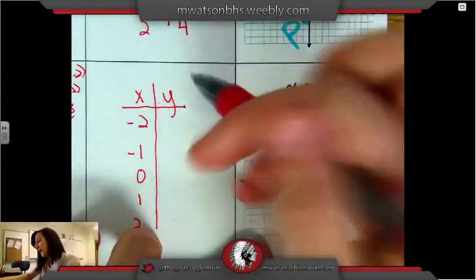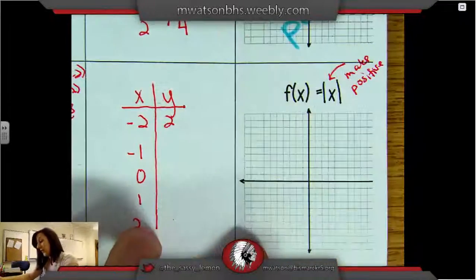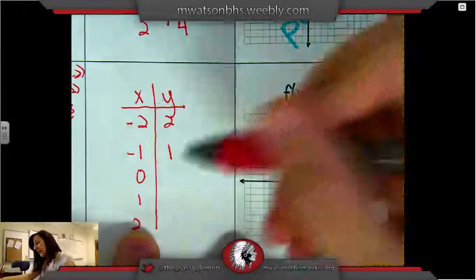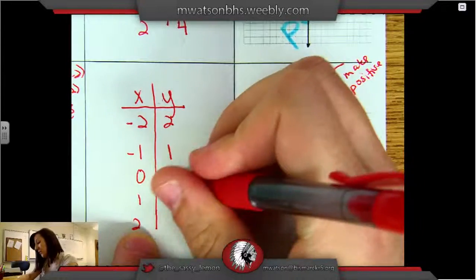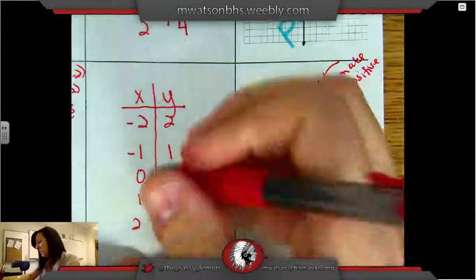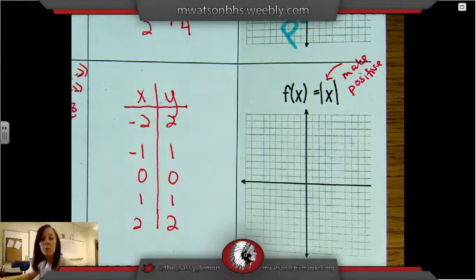So if we plug in -2, then our output's going to be a +2. If we put in -1, we should get a +1. If we put in a 0, well, there's no sign on 0, so it just remains 0. And the bottom two are easy because there's no sign on them, they just stay the same. And that's it.